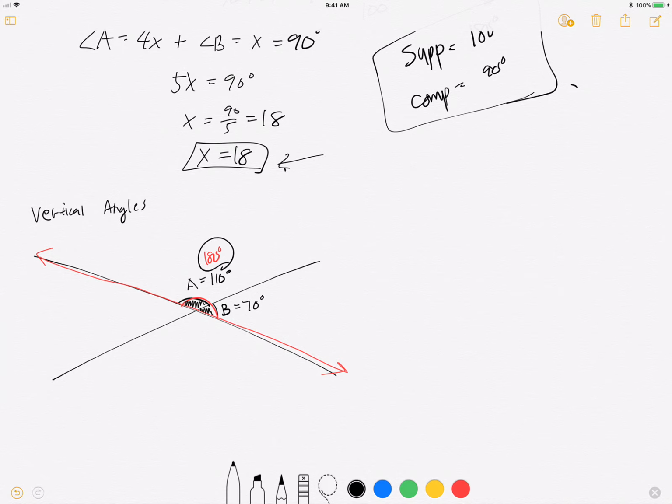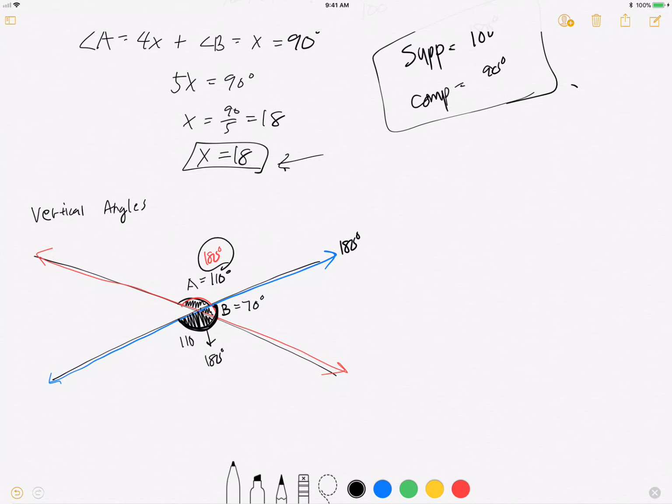Now suppose I draw this line as blue, and then I draw this angle right here. The blue line should also be 180 degrees because it's the same as the red line, it's 180 degrees. So that means that this angle right here should also be 180 degrees. So what does that make this angle?